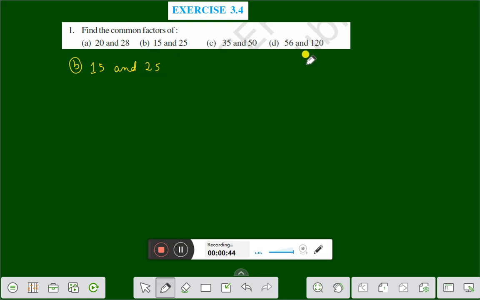We can write here as 1 into 15 is equal to 15, and also 3 into 5 is equal to 15, right?